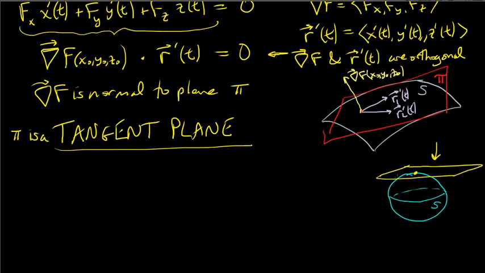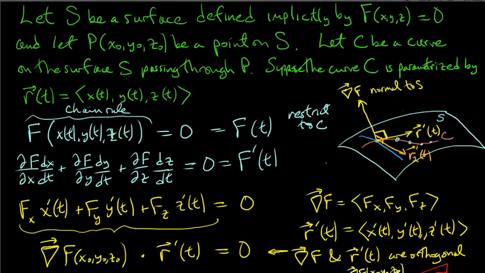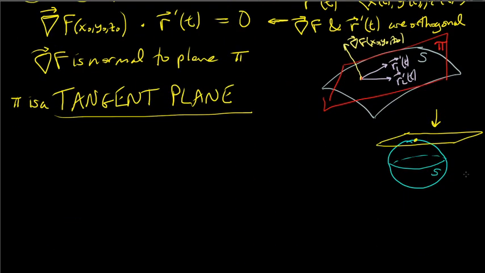Now, different points will give you a different tangent plane. If you change p here to a different point, you'll get a different tangent plane. So, for example, if I use the South Pole here, I'll get this tangent plane, which is parallel to this plane, but it's not the same plane. It's in a different place.